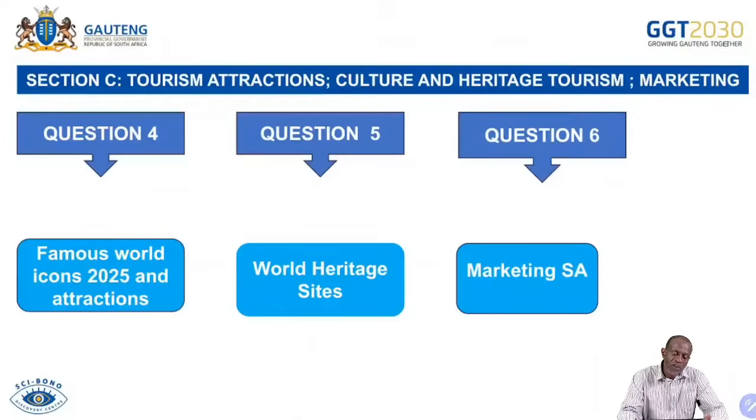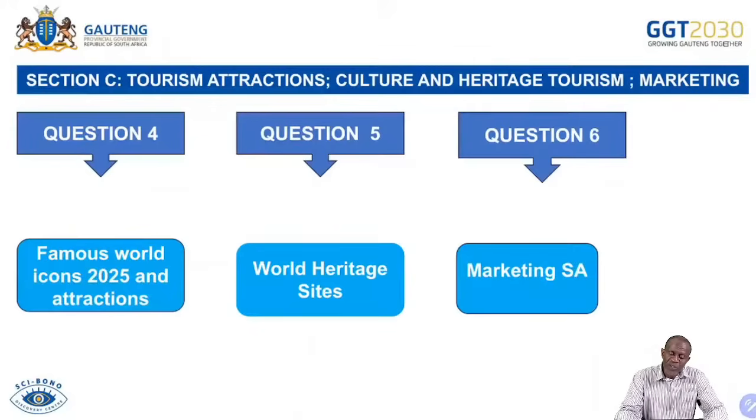Question 4 is the famous world icons, that is the 2025 prescribed icons and attractions. Question 5 will look into the World Heritage Sites, and question 6 will focus on marketing South Africa as a tourism destination.